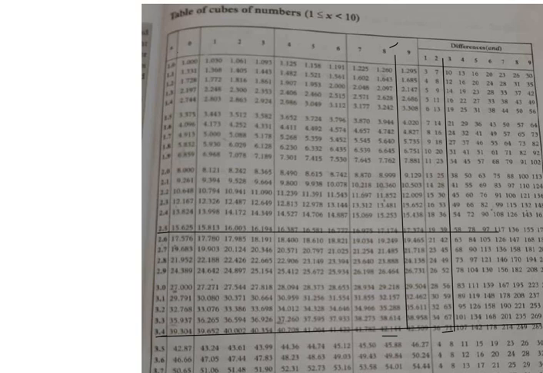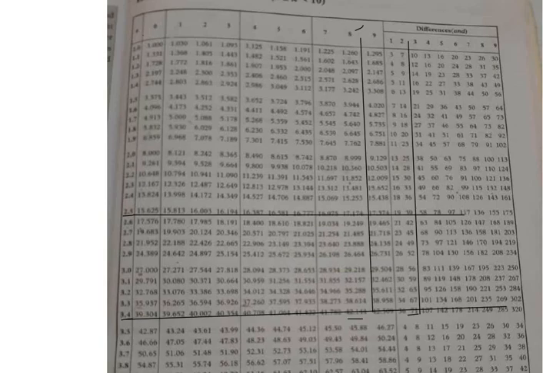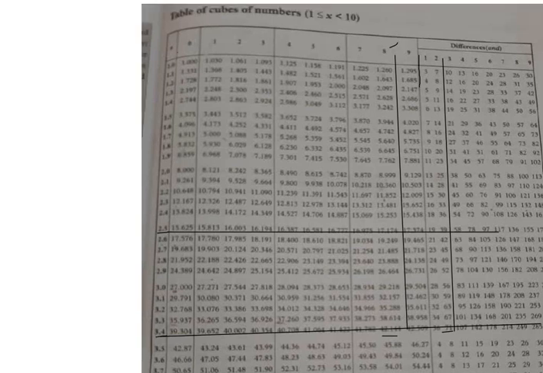Then we go to the next digit, and our next digit is 9. So on the column labeled 9, we drop a line to meet our row at this point, and we have 17.374.